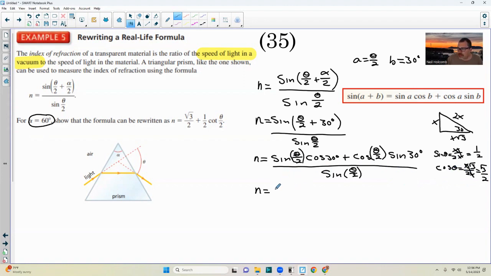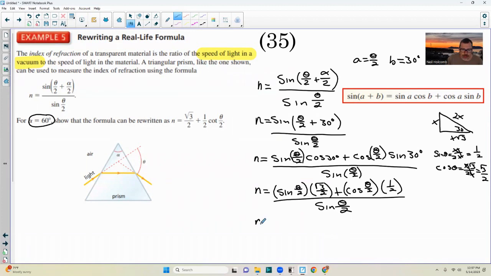So we have sine of theta over 2 times cosine of 30, which is the square root of 3 over 2, plus the cosine of theta over 2 times the sine of 30, which is 1/2, divided by the sine of theta over 2.